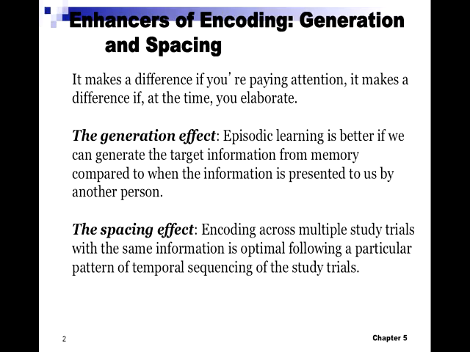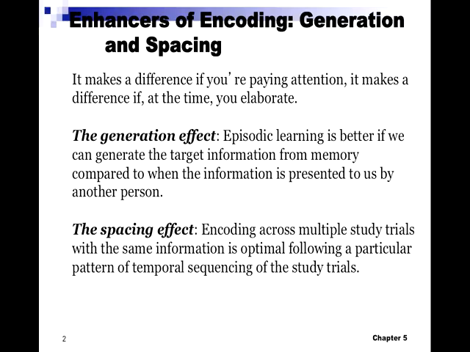A generation effect is when you learn better because you came up with the information. So if we give people a list of words, cat, cheese, lost, and ask them to come up with a way to study it on their own, mouse, cheese whiz, right, and lost found, I'm going to remember that information better because I came up with the cues and not just something random.